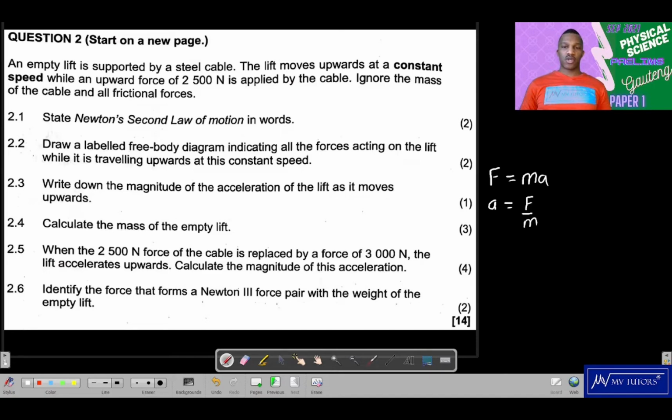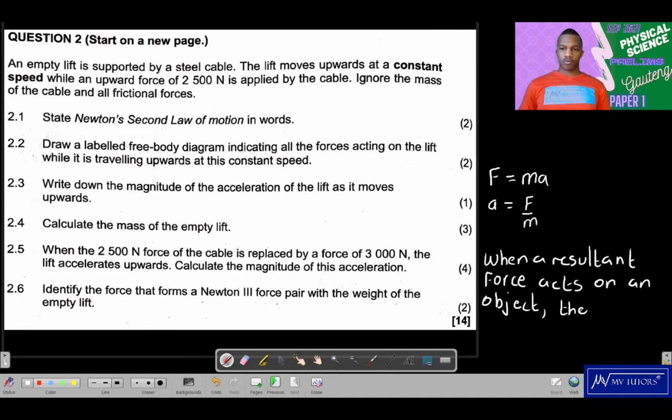Okay, and then in putting this in words, you would say when a resultant force acts on an object, the object will accelerate in the direction of what?